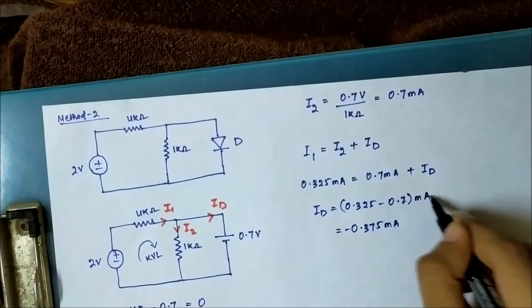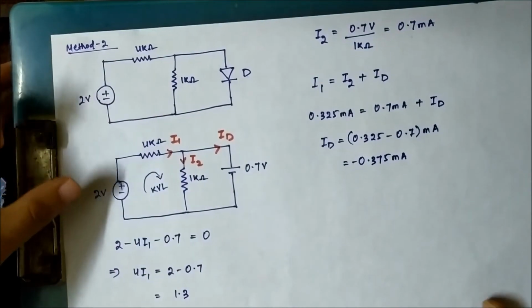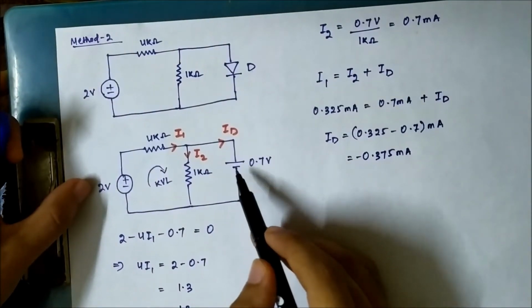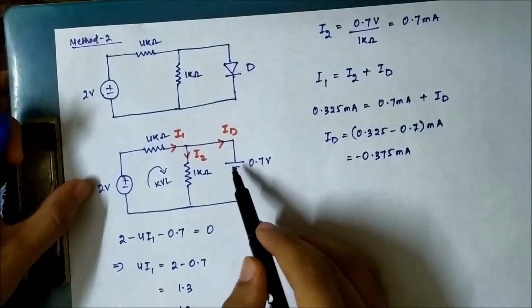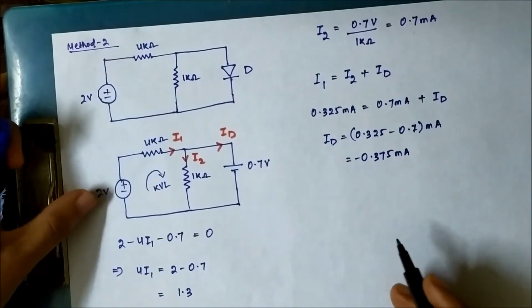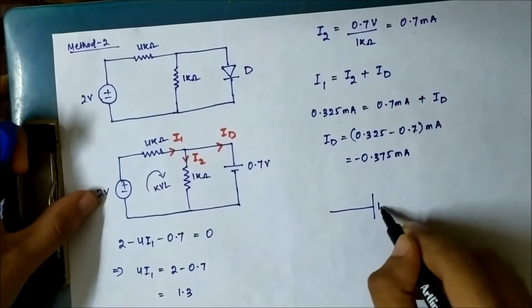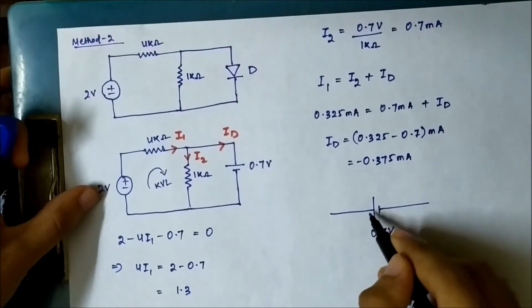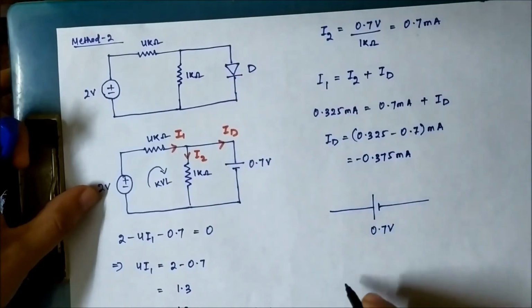Now here the main concept applies. Whenever you assume that a diode is on and you replace it with its equivalent cut-in voltage, 0.7 volt, this is the equivalent circuit model of this diode in this direction.